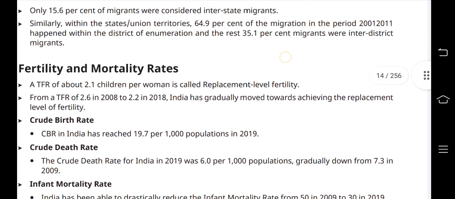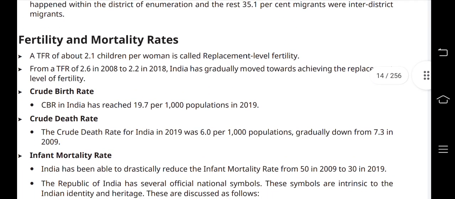Fertility and mortality rates. A TFR, total fertility rate, of about 2.1 children per woman is called replacement level fertility. From a TFR of 2.6 in 2008 to 2.2 in 2018, India has gradually moved towards achieving the replacement level of fertility.